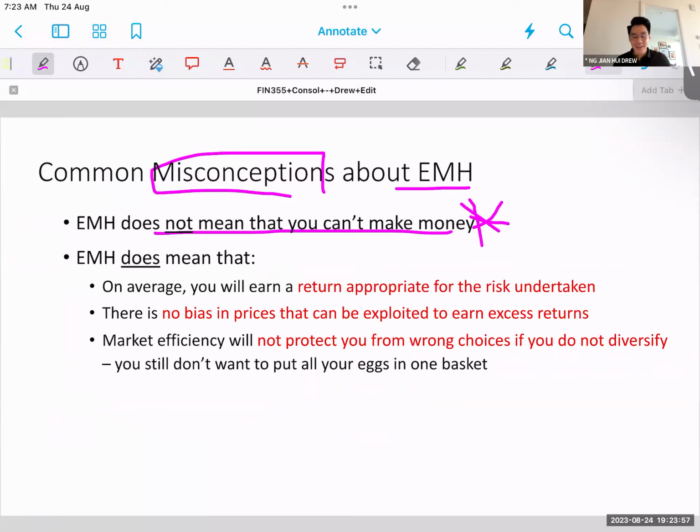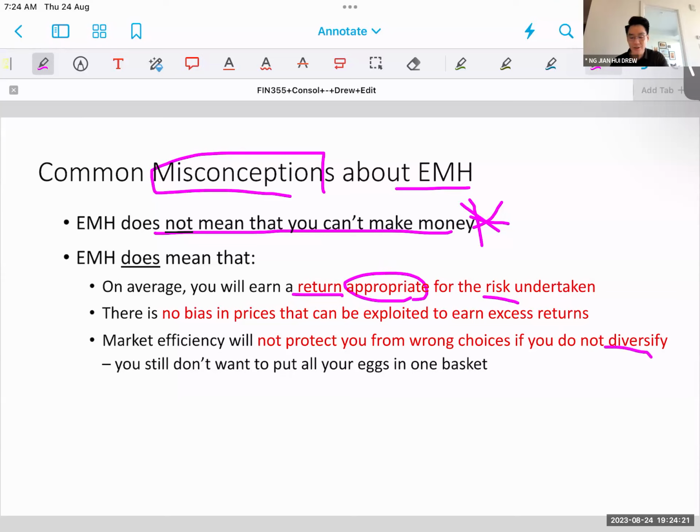The idea is that on average, the returns you get are proportionate to the risk that you take. It's directly proportional: more risk, more returns; less risk, less returns.